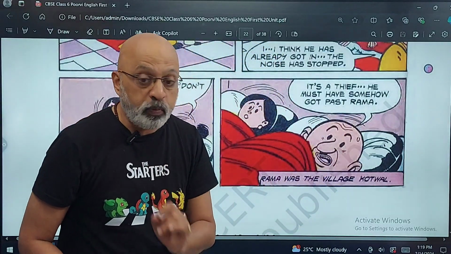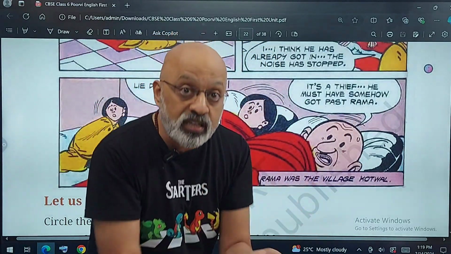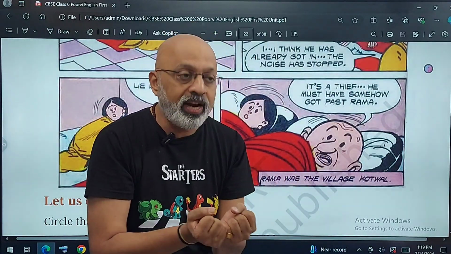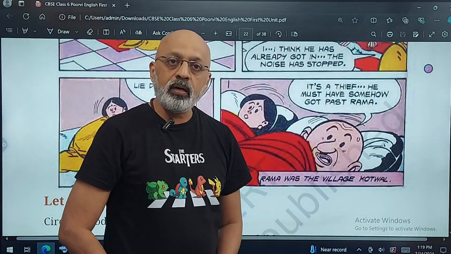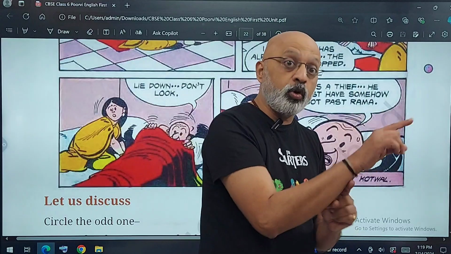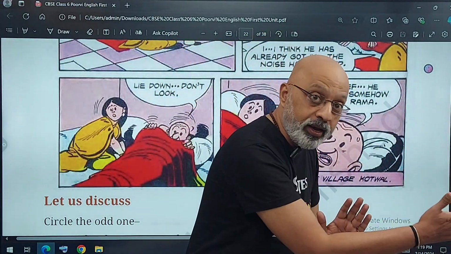So please remember this particular phrasal verb, that got past का मतलब, it is not to get something, not in the classical sense of getting something. Getting मतलब मेरे को कुछ चाहिए, I am going to get medicines from the chemist shop. No, in that sense that is correct, but here got past का मतलब ही अलग है.